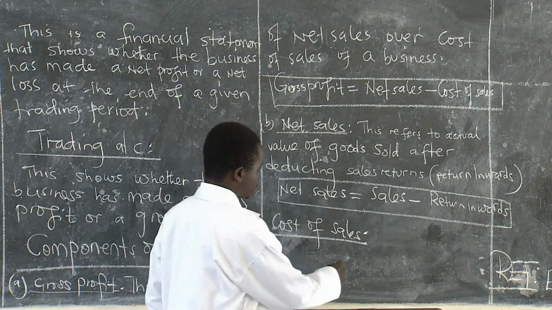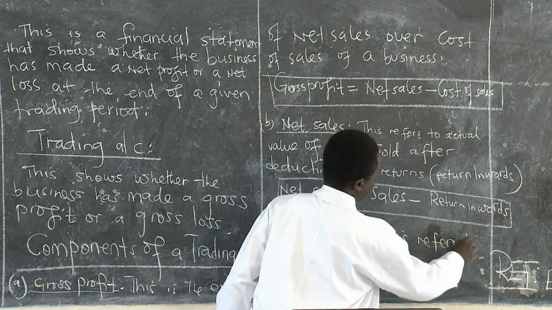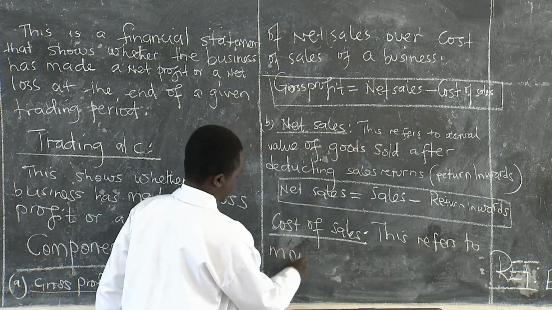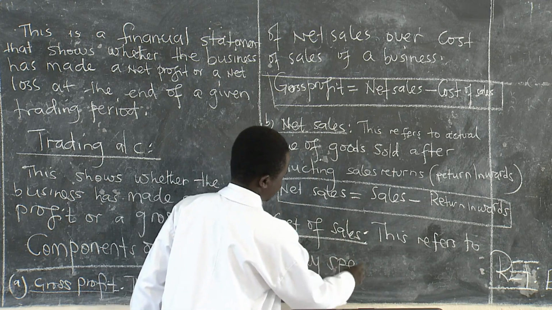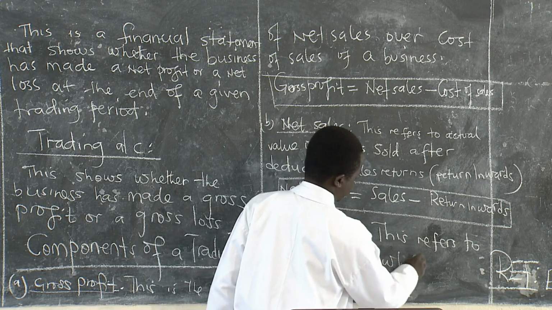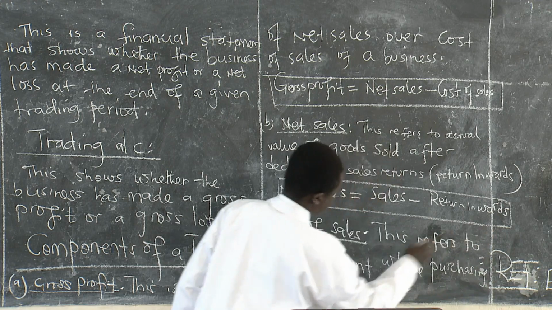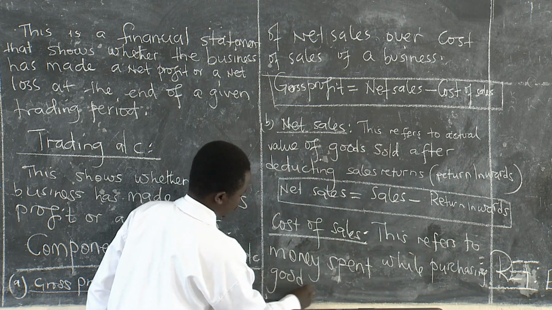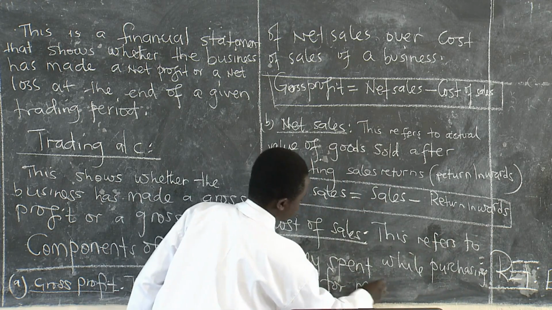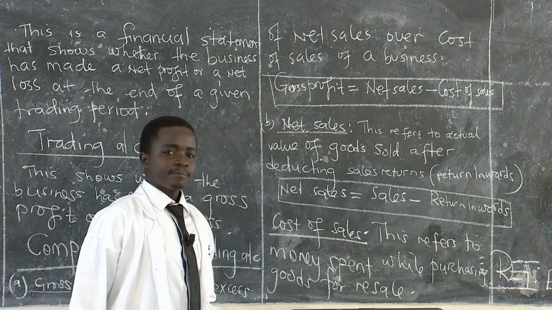So here, cost of sales, we say this refers to the money spent while purchasing goods for resale. When you say resale, it means you want to again sell them.